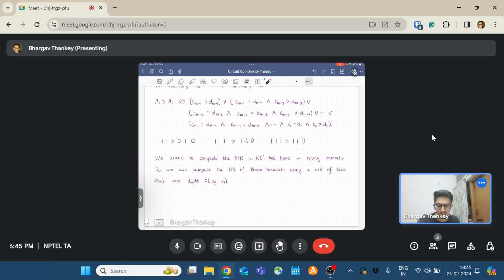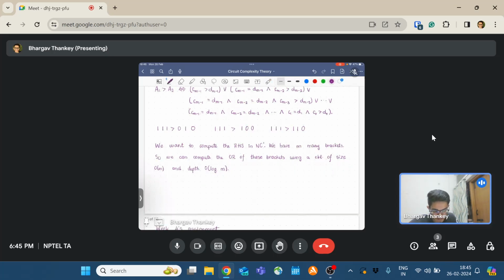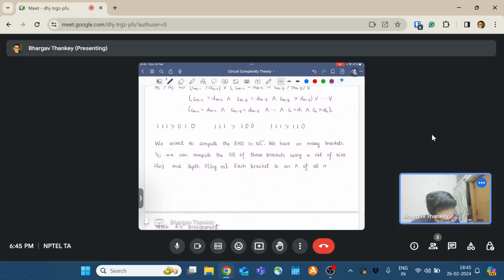So now we want to compute each bracket. Each bracket is an AND of at most M many functions on two bits, right?